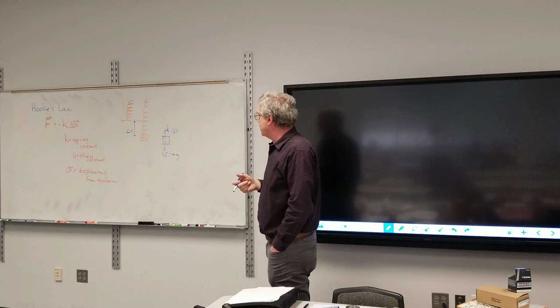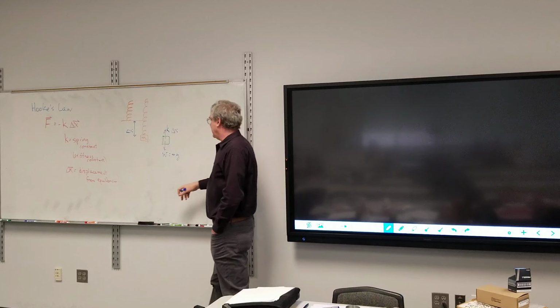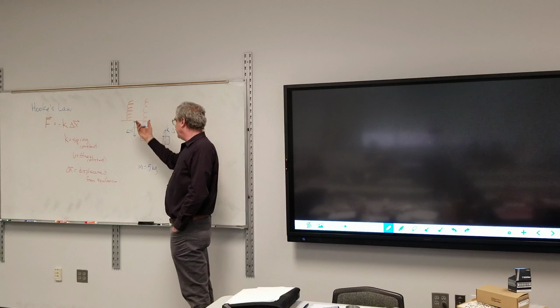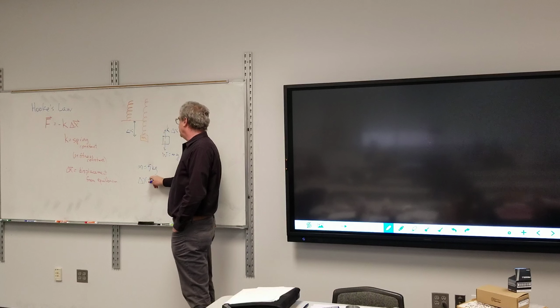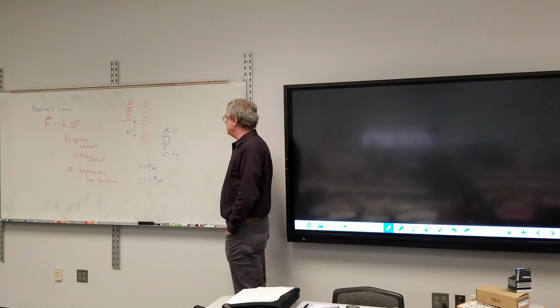Just a quick and dirty example here. I have a spring. I apply a mass of 5 kilograms to it and put it in a new equilibrium position, and the spring stretched, we'll just say, 3 meters. What is the spring constant?